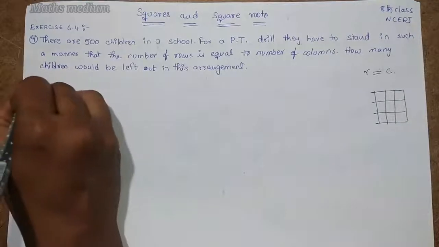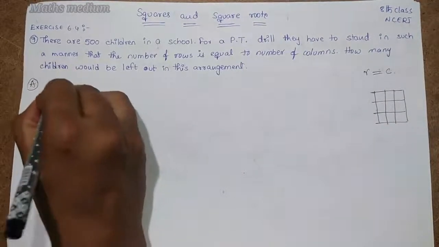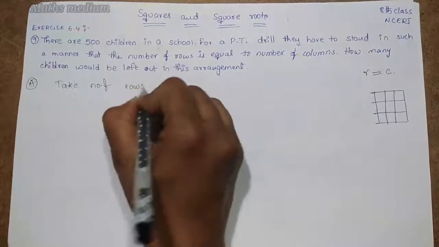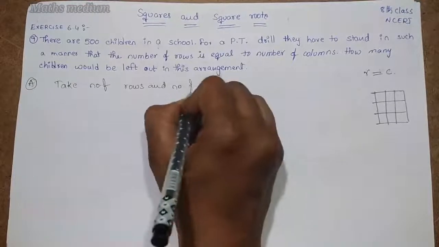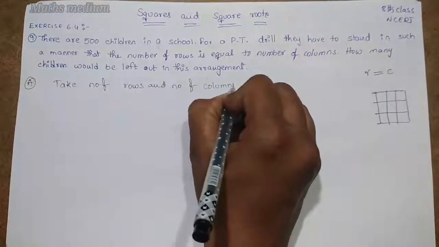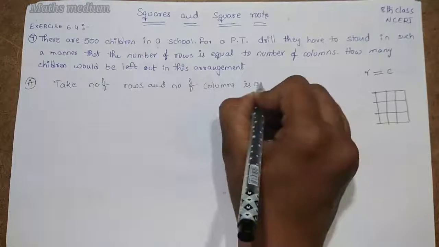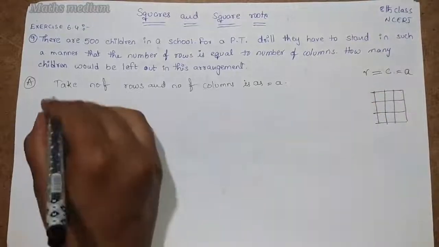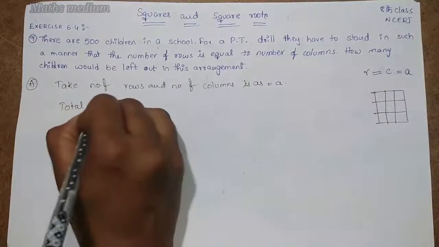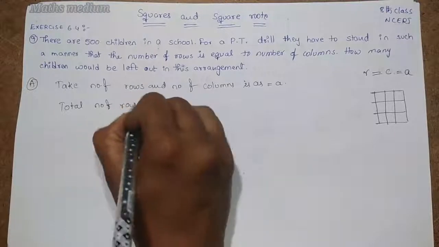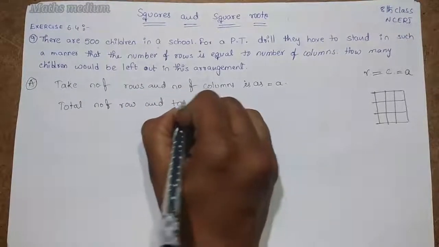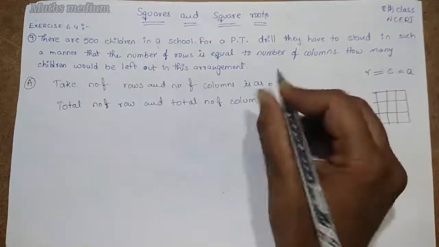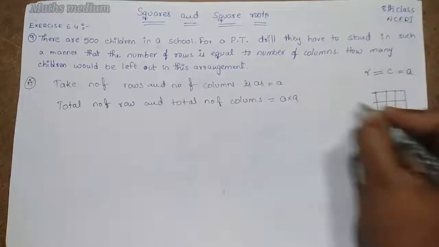So let's start with the step-by-step procedure. Take the number of rows and the number of columns as A. Total number of rows and total number of columns is A into A, because it is a square.